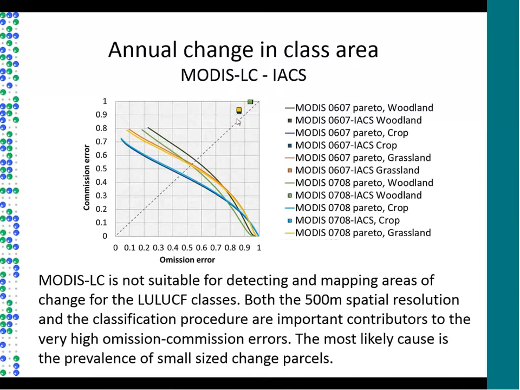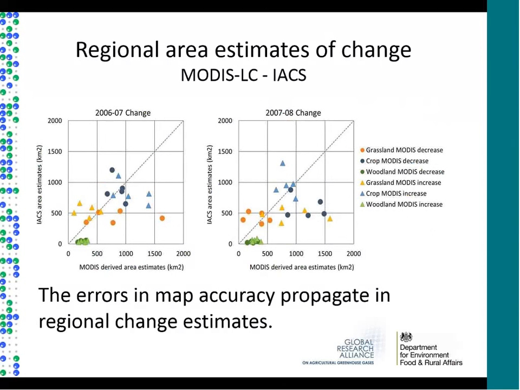Okay. So the size of the areas we are looking for in the UK, change areas, are just too small to be mapped at the 500 meter pixel resolution. And this error, of course, is propagated throughout the next bits of analysis we did.